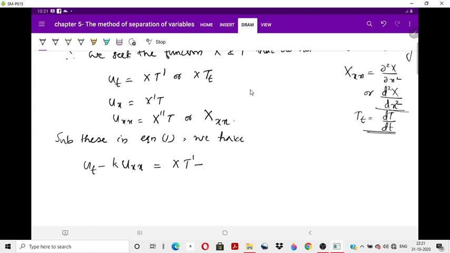So X T prime minus k u_xx, where u_xx is X double prime T, equal to 0.